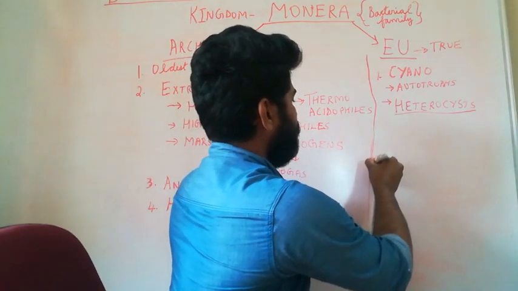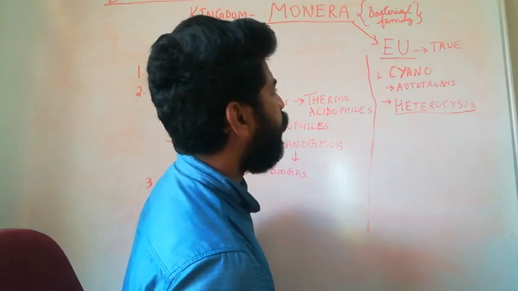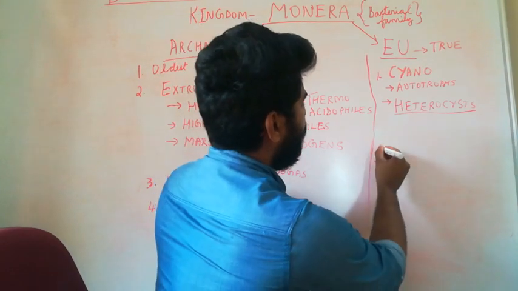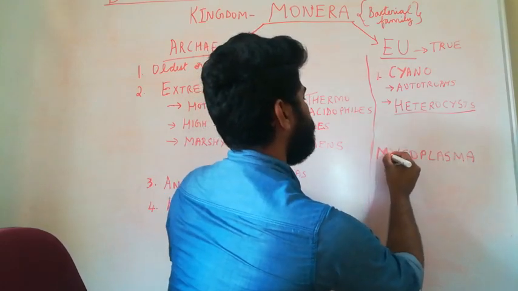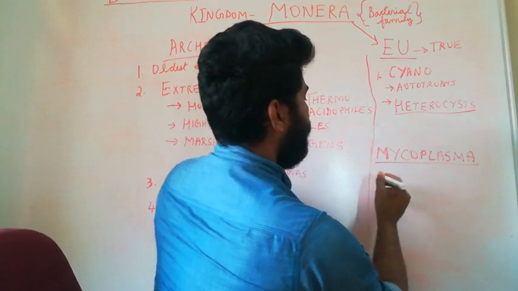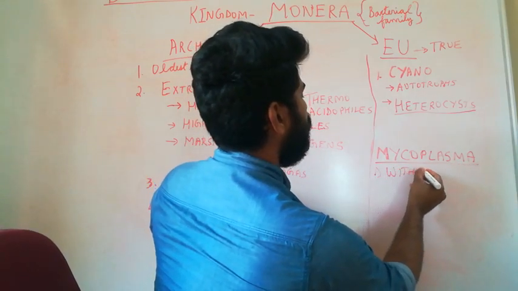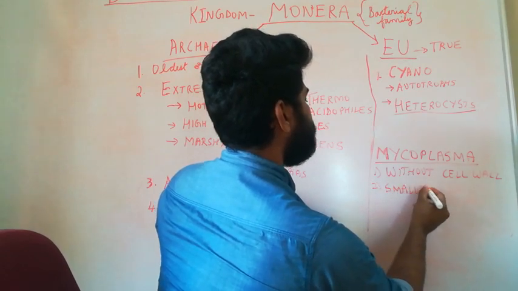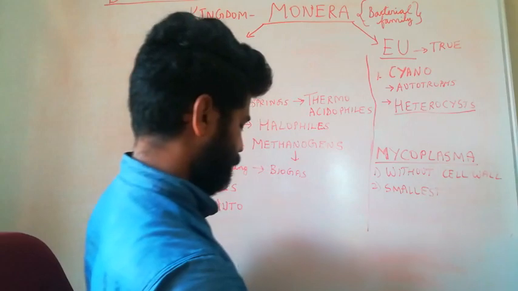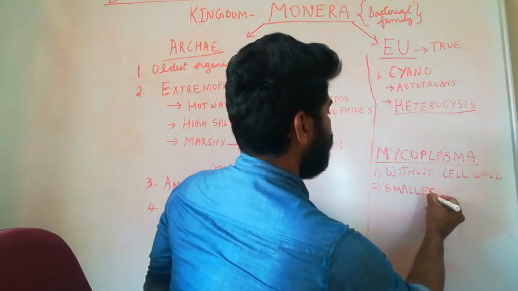So we find both kinds of bacteria in this category. We have another group of organisms that are mycoplasma. These are bacteria without a cell wall. These are the smallest organisms that are known. Why?